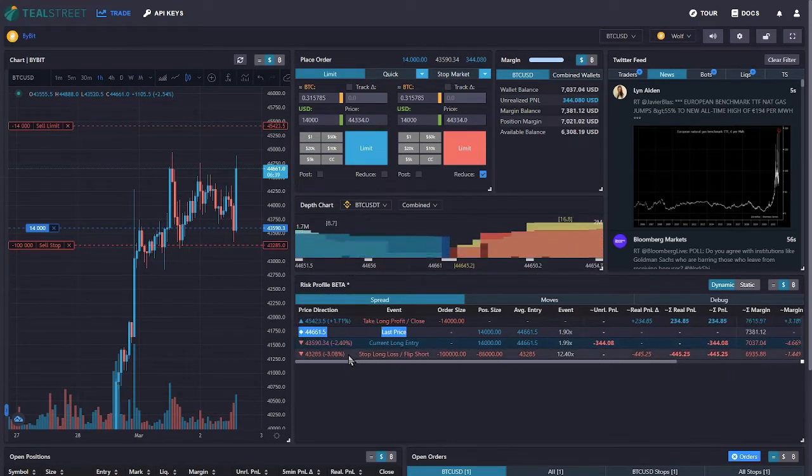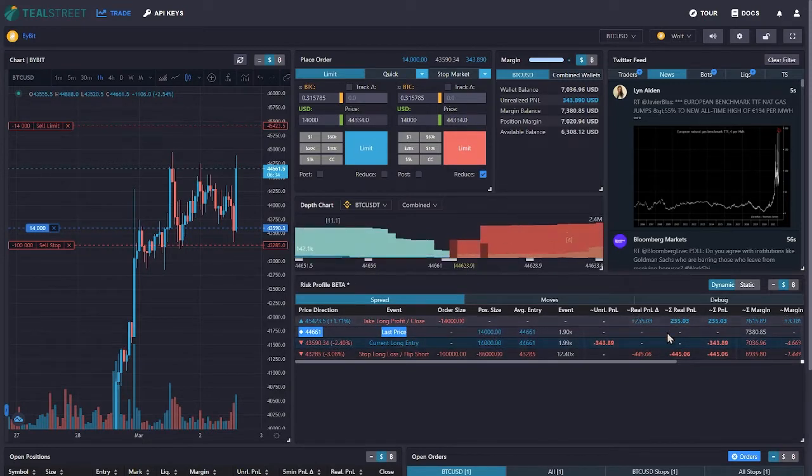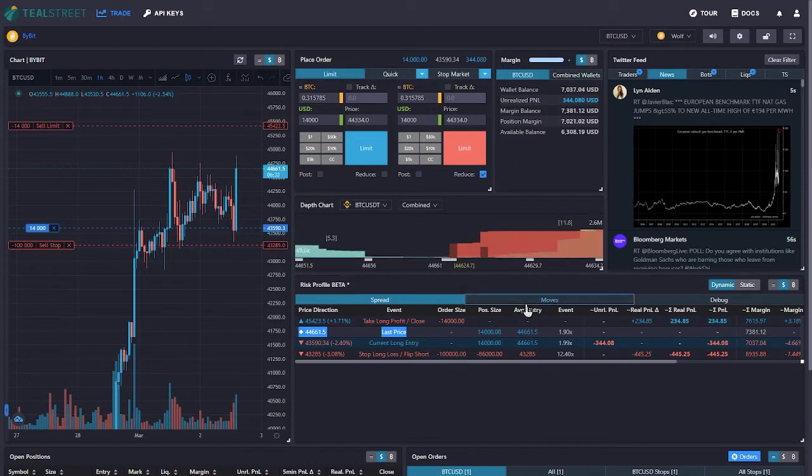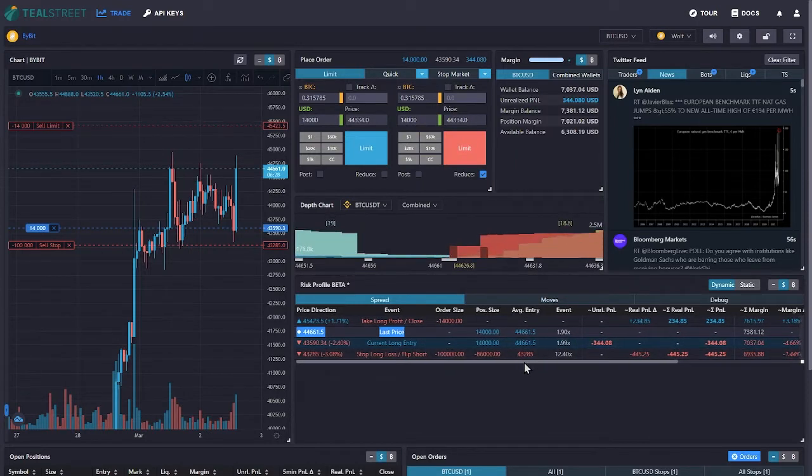And each of these rows is for each of these events. This is what would happen if all of them got hit, and it dynamically updates as you add or remove orders from the chart, or they fill.